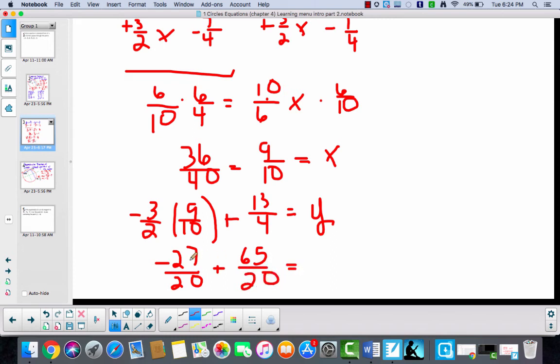If I combine -27 and +65, that gives me 38 over 20, which when I simplify gives me 19/10.